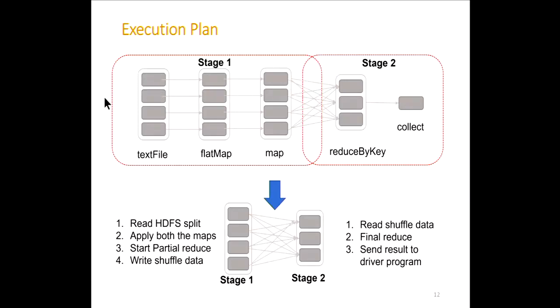So the new partition and the new partition, you can consider these top three. They can be within a single task running on a single node, a single worker. So this is a single task that's loading the text file into an RDD, flat map, and then map to pair for the single partition.